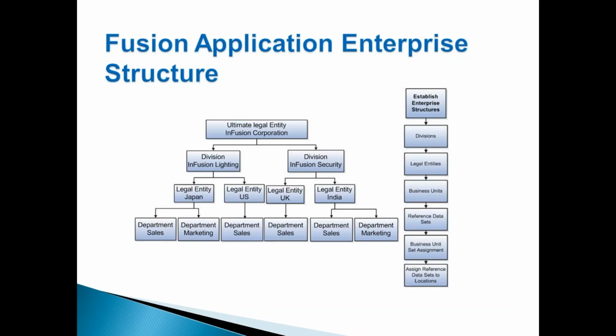Under Tata IT services, you would have TCS and Tata Infotech as your legal entities, because these two are liable for their taxation to the government of India. So you would have TCS, Tata Consultancy Services, and Tata Infotech under the IT division.